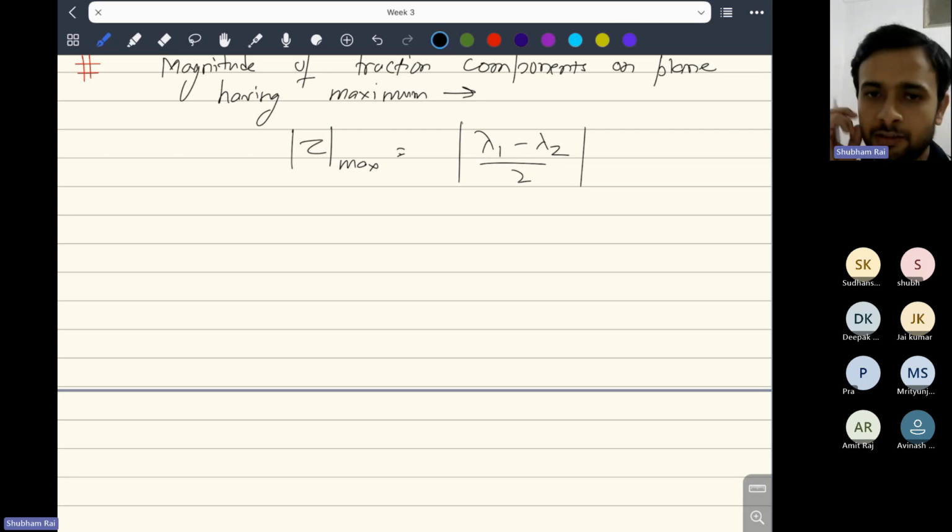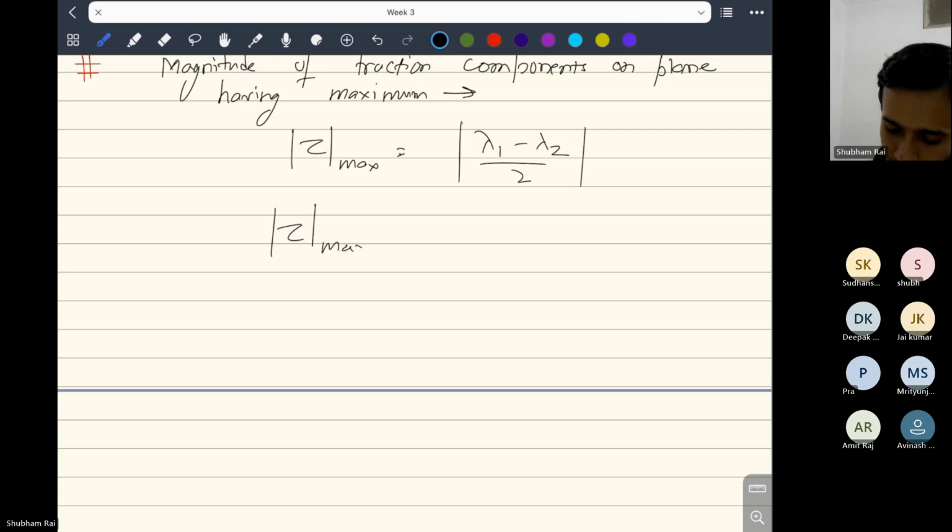Similarly, if you want to find the maximum shear stress on a plane whose normal vector is perpendicular to the first principal direction, then since your plane normal is perpendicular to the first principal direction, the shear components will depend on lambda 2 and lambda 3.